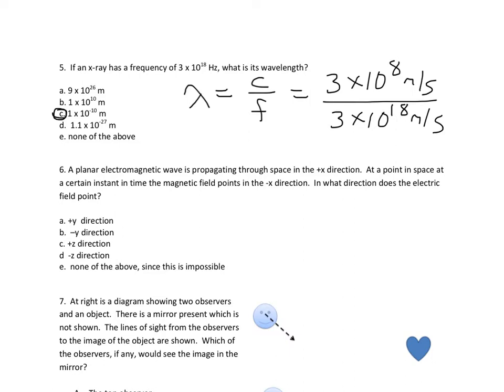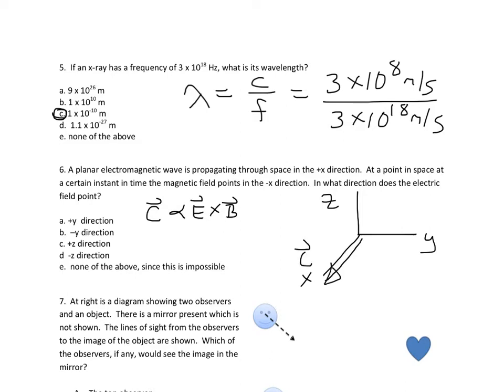In problem 6, once again, we're asked about the relationship between the direction of propagation and the direction of the electric and magnetic fields. So once again, we'll draw our X, Y, and Z axes, and we'll draw the vectors that we know. The propagation direction is in the plus X direction, and the magnetic field is in the minus X direction.